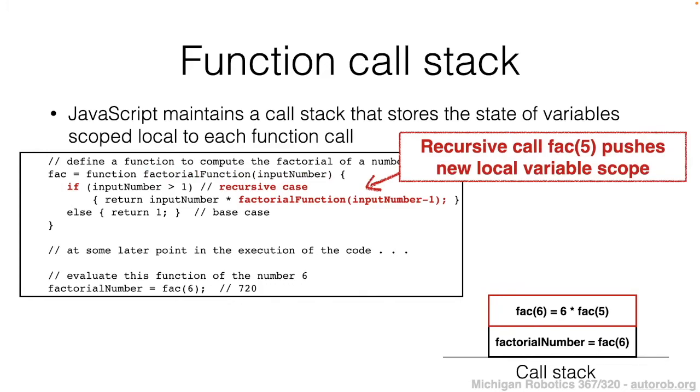In this case, the input number 6 is going to be larger than 1. So we're going to return input number 6 multiplied by another call to this factorial function with 6 minus 1. Because we have another function call being made, we add that function call to the stack.